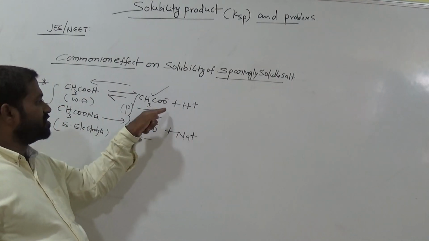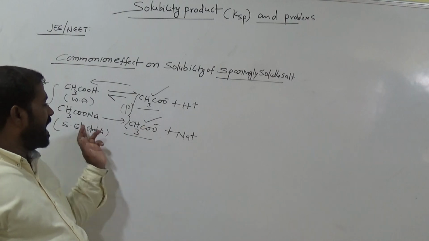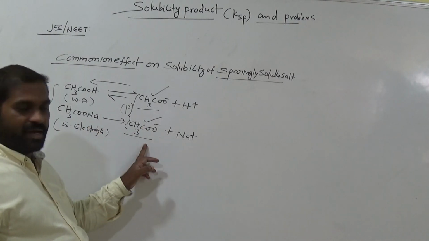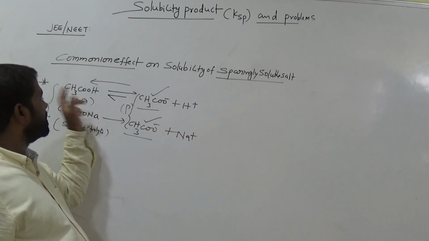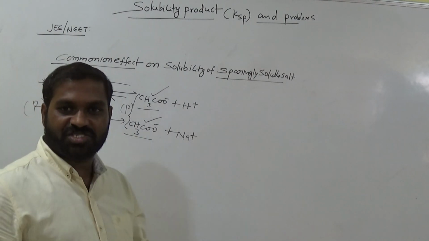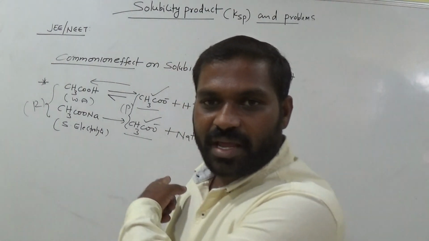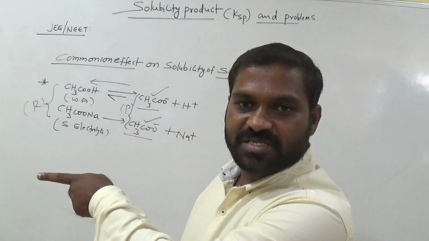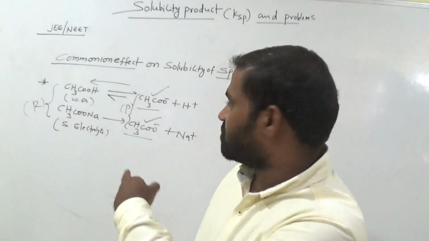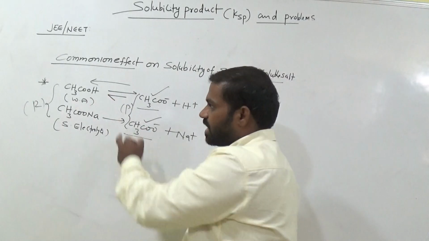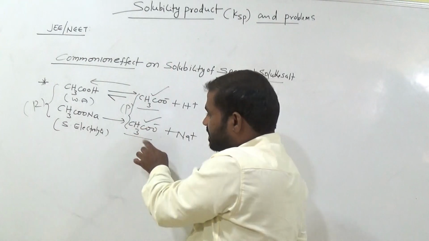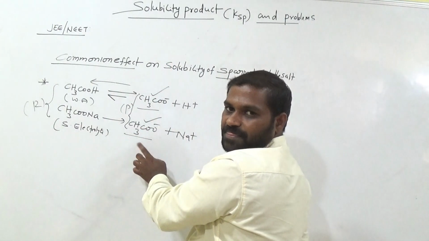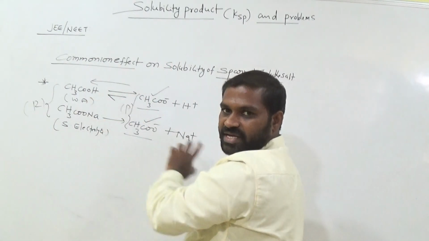Okay, am I right? So when we add the common ion, what happens? The reaction moves backward, that means acetic acid is formed. Actually it undergoes dissociation, but by adding one common ion, the reaction takes place backward. That means we can prevent the dissociation of acetic acid in the forward direction by adding the acetate ion. So solubility decreases or not?